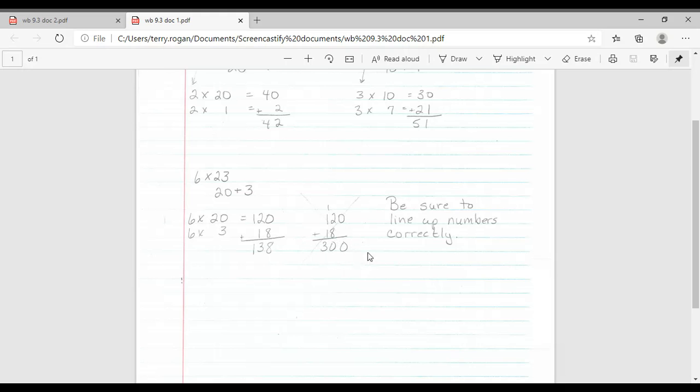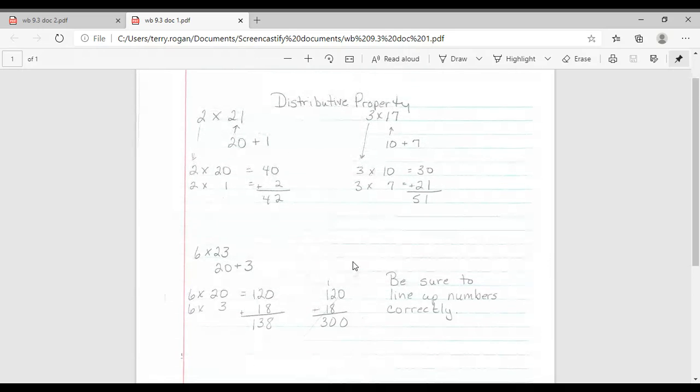So keeping your paper neat not only helps your teacher when she's looking at it, but more importantly, helps you keep things in order so that you end up getting the right answer by not making careless mistakes. So this is the distributive property.